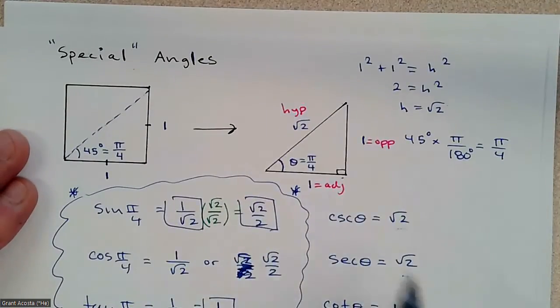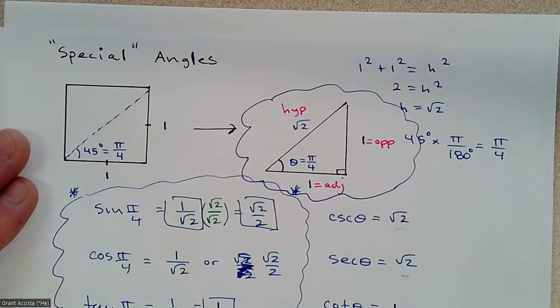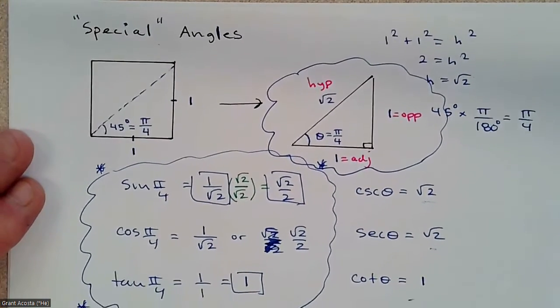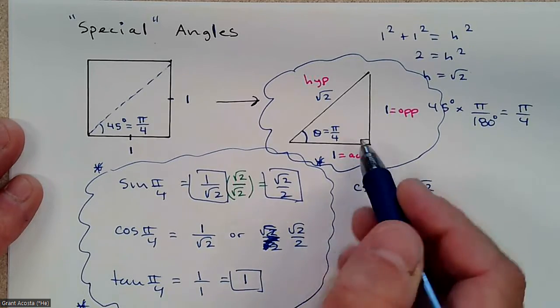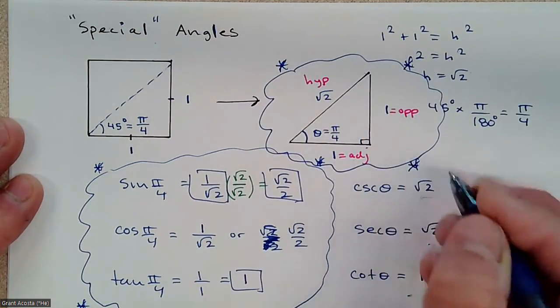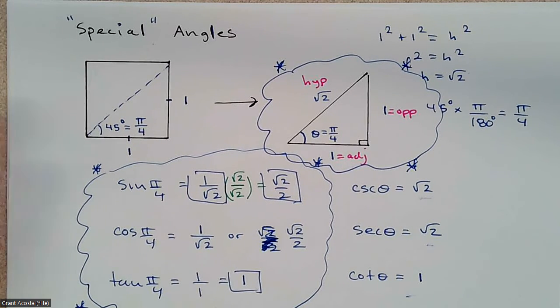Same thing for pi over 4. If you can just remember how to reconstruct that triangle using your definitions of sine, cosine, and tangent, you don't need to memorize all of these, right? You just need to know these. So I'm a bigger fan of just knowing how to construct those triangles. That's the key to everything going forward here, to a lot of stuff.